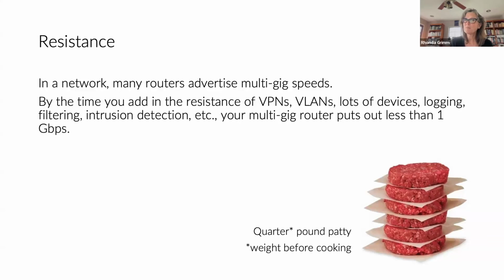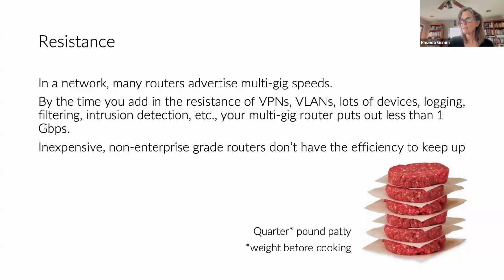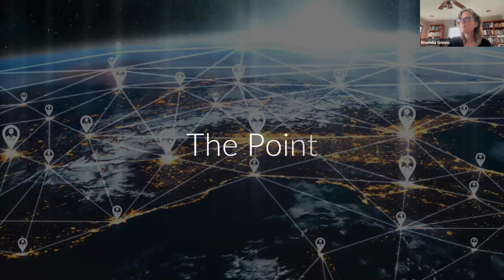In fact, we put some things on a bench, and your 10 gigabit port is delivering around 300 megabits per second. It's crazy. Again, the more you turn up features, the slower things are going to go. And truly inexpensive, non-enterprise grade routers just don't have the efficiency to keep up. So what's the point of all this knowledge?